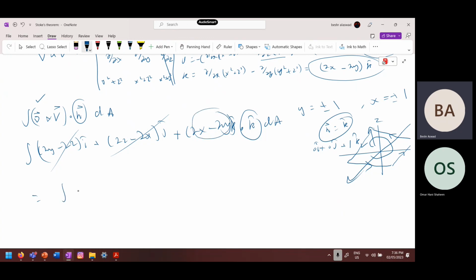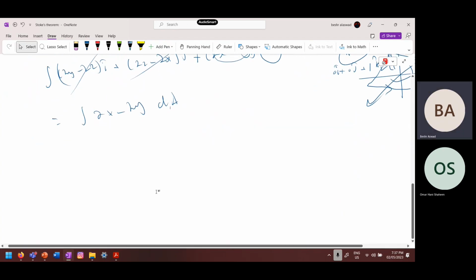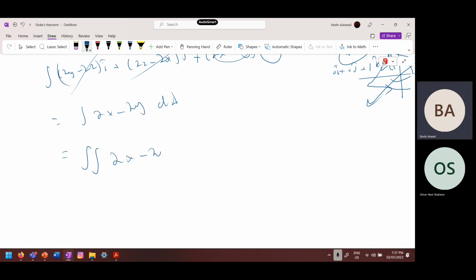So the integration of area is 2x minus 2y dA. Since we are not having a circle here, we cannot use the formulas of area that we know. So this means that we need to change this to a double integration of 2x minus 2y dx dy.